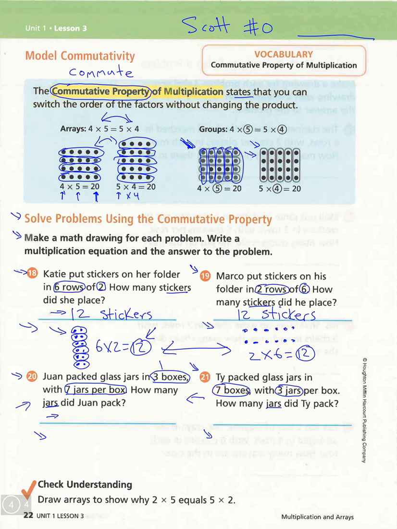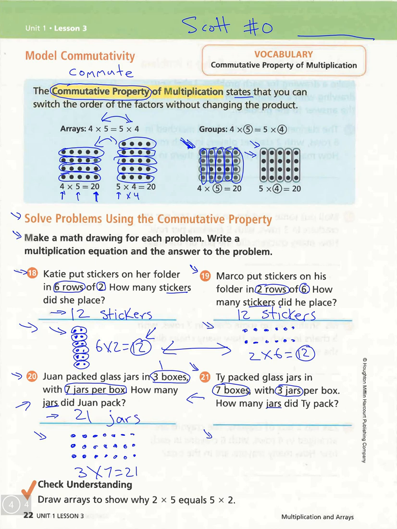We didn't add any or take any away. Number 20, we have 3 boxes. So 1, 2, 3. 7 in each one. So 1, 2, 3, 4, 5, 6, 7 in each box. So we have 3 groups of 7, and that's 21. So our answer is 21 jars.